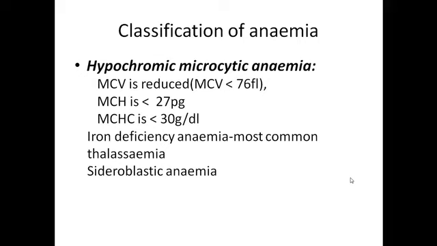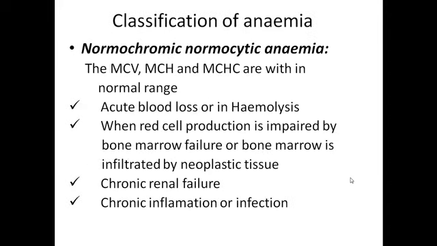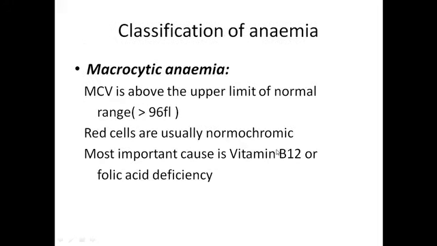The main cause is iron deficiency anemia, and in our Bangladesh you will find thousands of such patients when you go to your medicine ward. Normocytic normochromic anemia: acute blood loss, hemolysis. Macrocytic anemia, as we all know, B12 and folate deficiency, and there are some other causes.